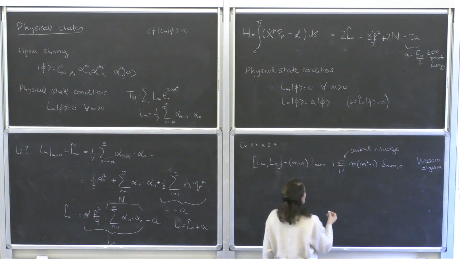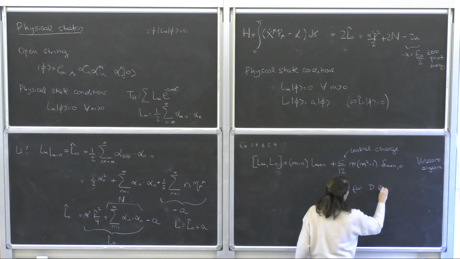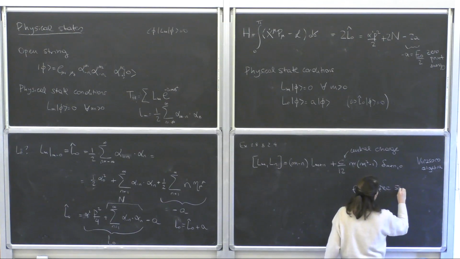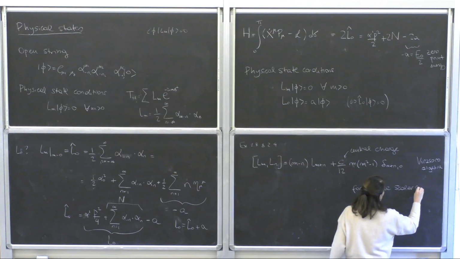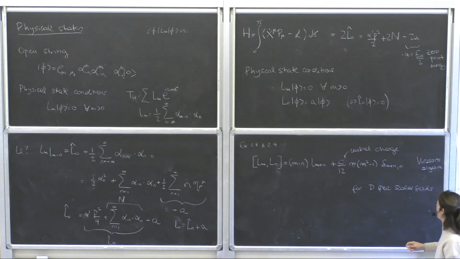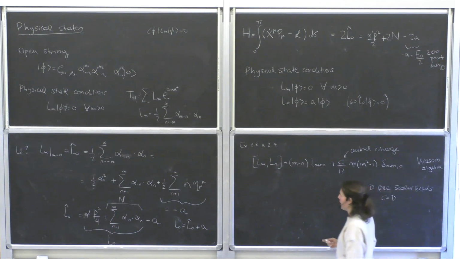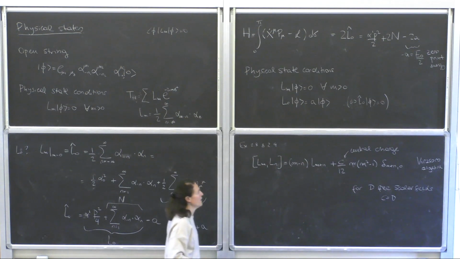So here for the x mu, for the free scalar fields, as this is the conformal field theory that we have, C is equal to D. So one free scalar field has C equals 1.